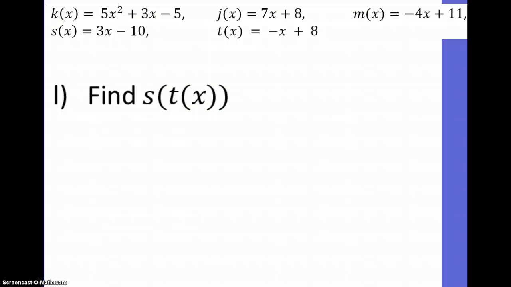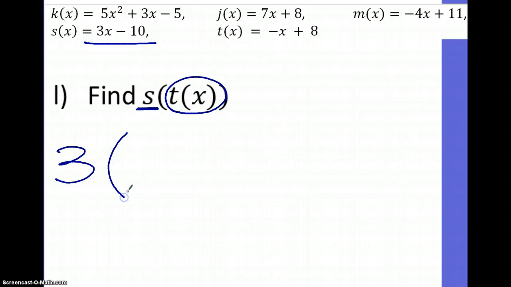Okay, we're going to do one more similar to the one we just did. So in this case, we're going to write out s, and into s, we're going to plug in t. So I'm going to write out s, 3, I'm going to leave a spot, minus 10.